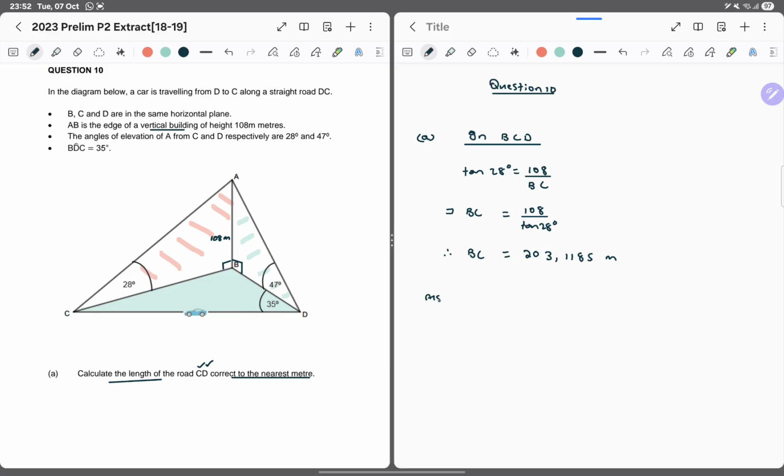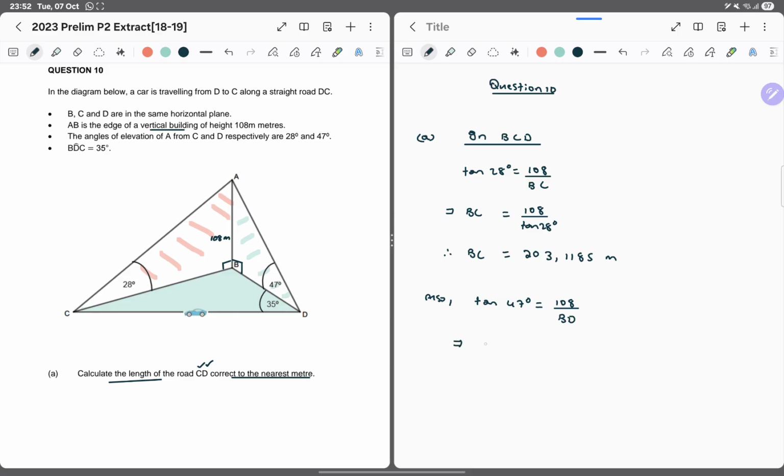We also know that tan 47 degrees should give us 108, the opposite side, over the adjacent side, which is BD.